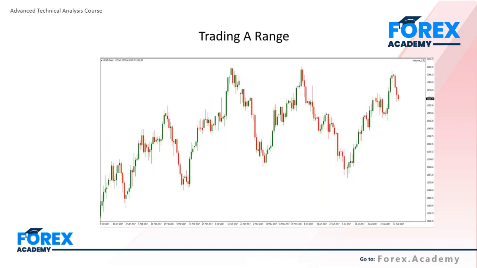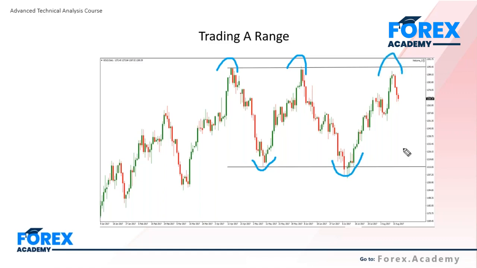Let's take a look at this particular example over here. Now, we can clearly see that the market has been moving sideways. Just by simply observing price action, we can identify a pullback from this high over here, a rebound off this low, a rebound off that low, and more recently, a pullback off a high level, very close to the previous two resistance levels.